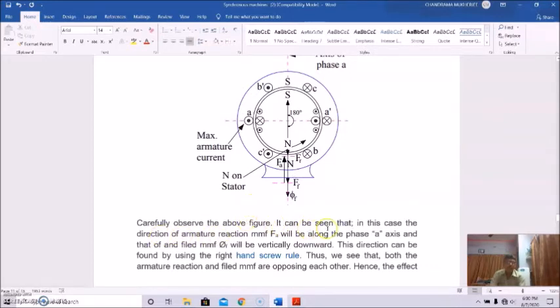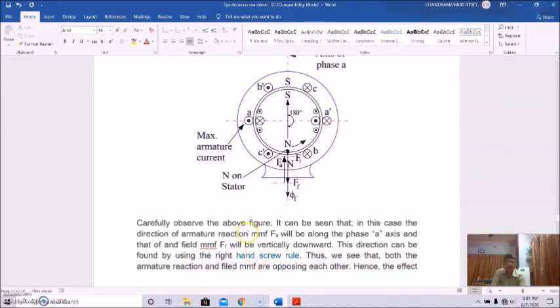If we observe these figures, it can be seen that in that case the armature reaction MMF FA will be along the phase A axis, and the field MMF will be vertically downward.